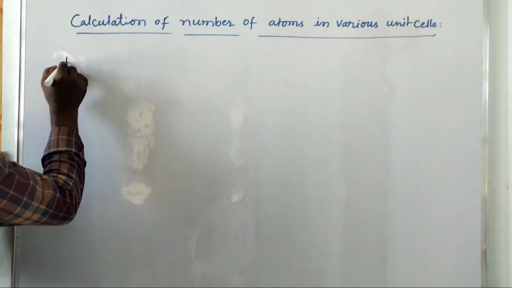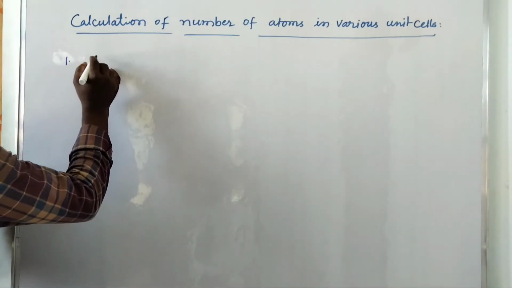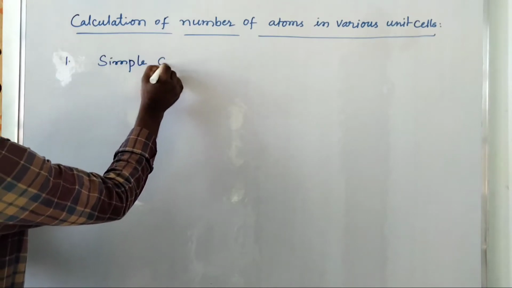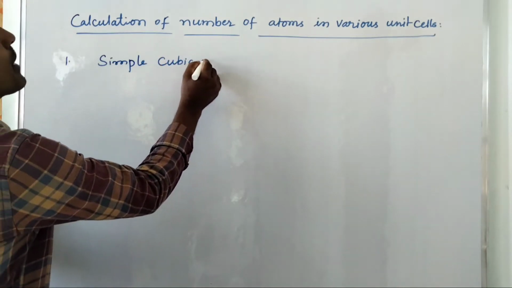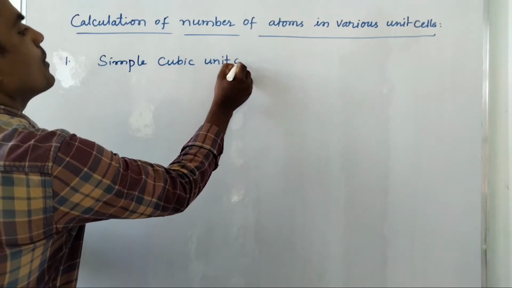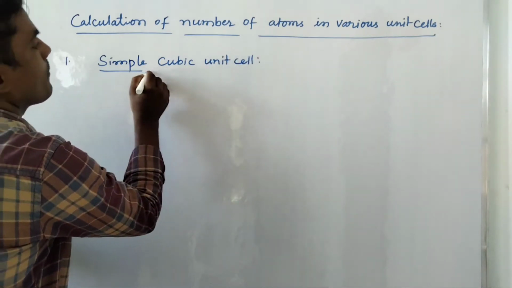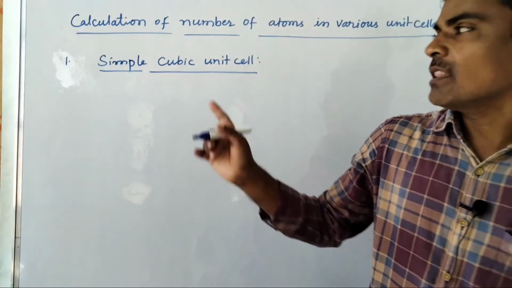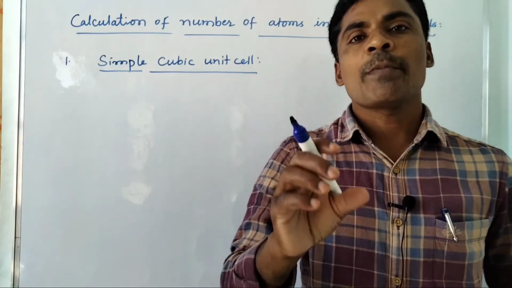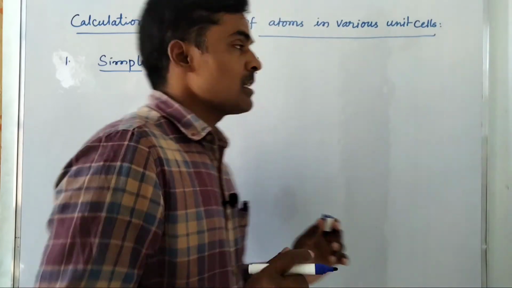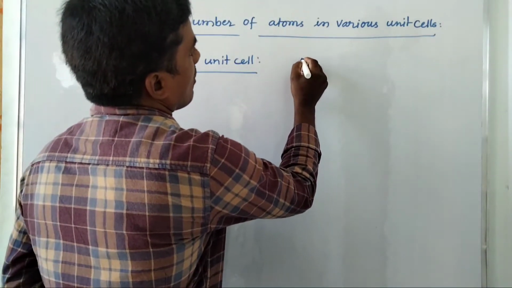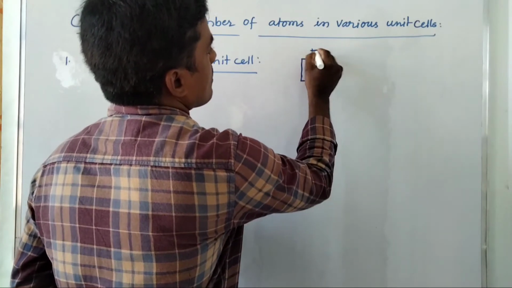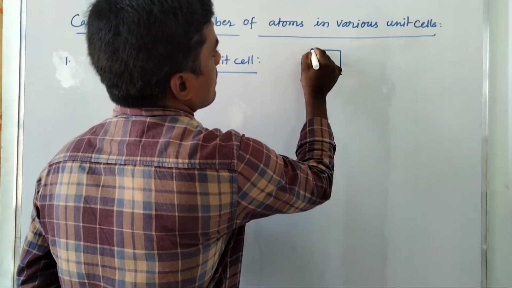Next, calculation of number of atoms in various unit cells. First of all, number of atoms in a simple cubic unit cell. What is meant by simple cubic unit cell? In this unit cell, the atoms are present at only corner positions.